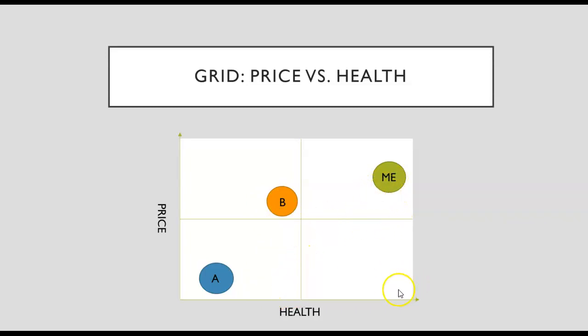I am higher on the health axis, but my price is also going to be higher than the others. In doing this, I plan to use top-notch ingredients such as all organic meats and vegetables, which is then going to make my costs go up, and I will have to have a higher price point than my other competitors in the area.